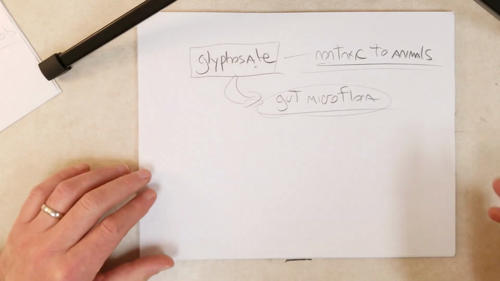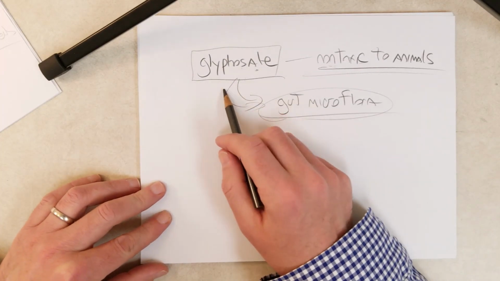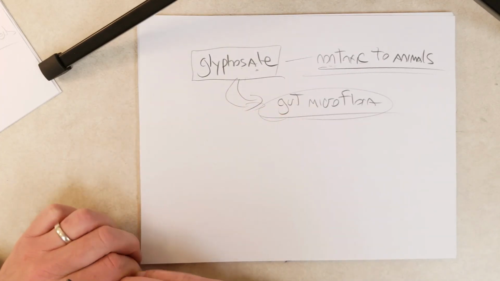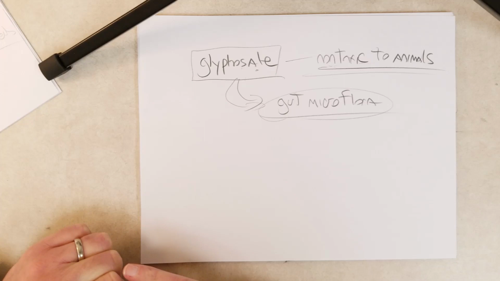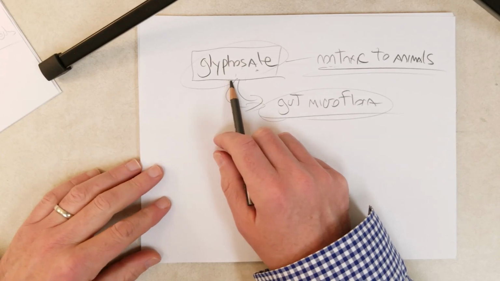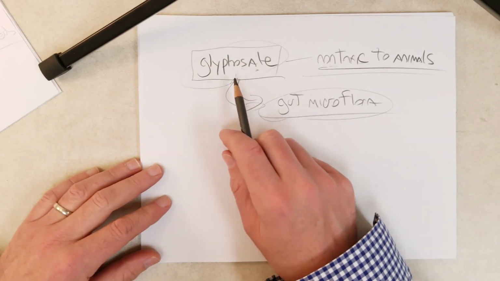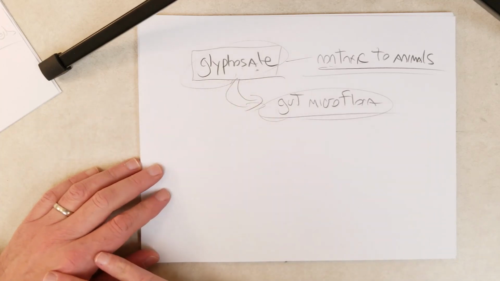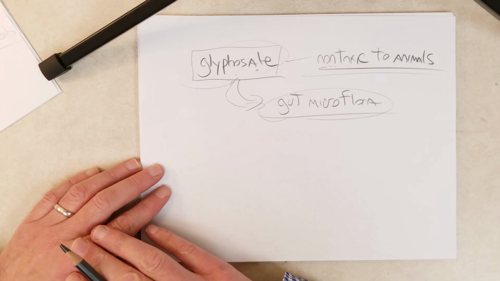I think there are researchers investigating that. If you eat foods from genetically modified organisms that have been modified to be resistant to this, how much glyphosate residue is found in those crops when we consume them?